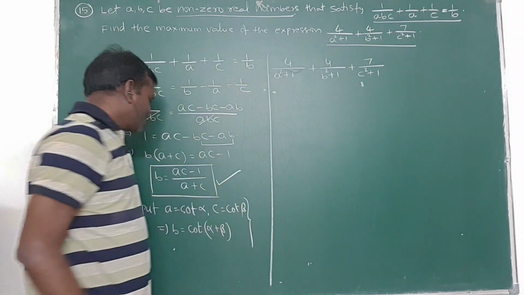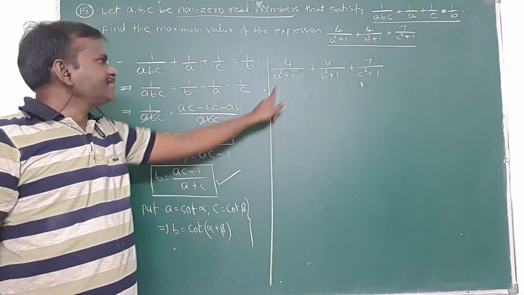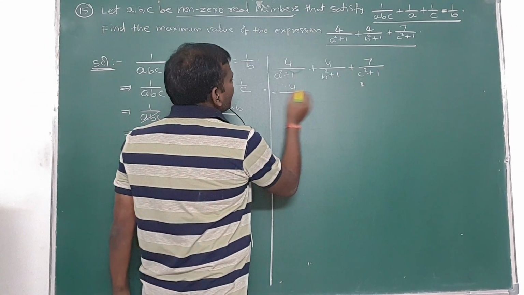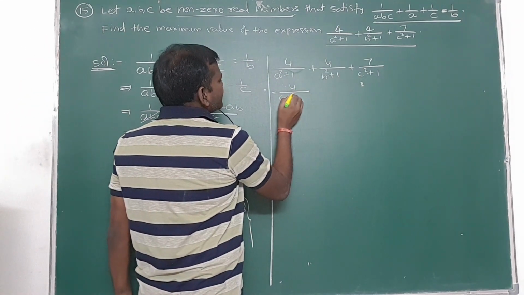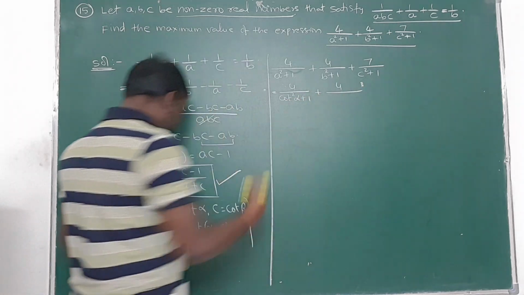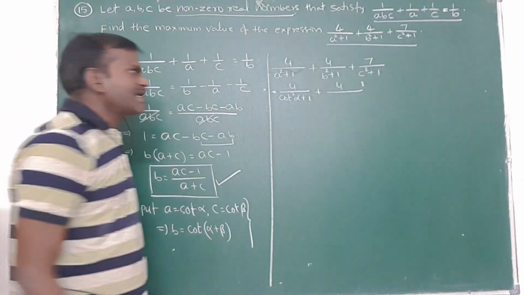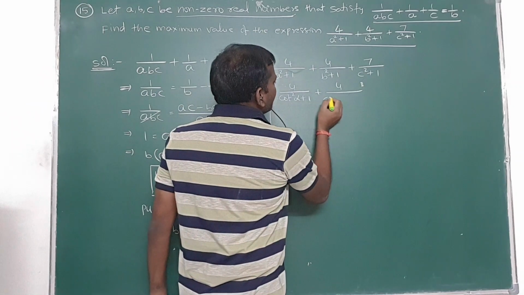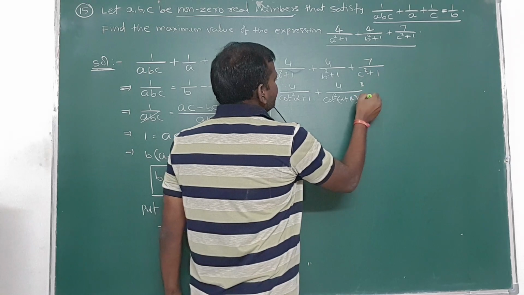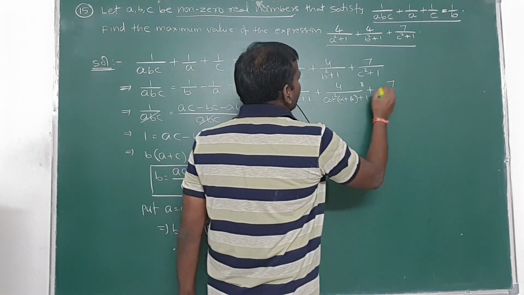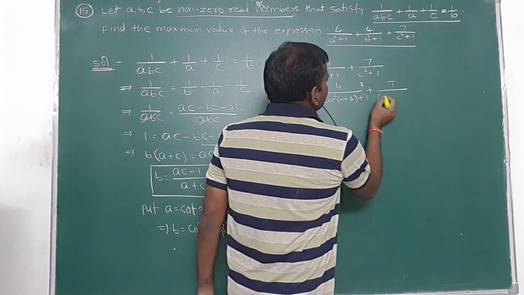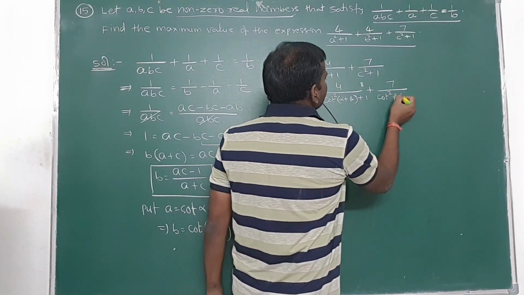If I substitute a is equal to cot alpha, the first term is 4 by cot square alpha plus 1. For b, the value is cot of alpha plus beta, so cot square of alpha plus beta plus 1. Plus 7 by c, whose value is cot beta, so cot square beta plus 1.